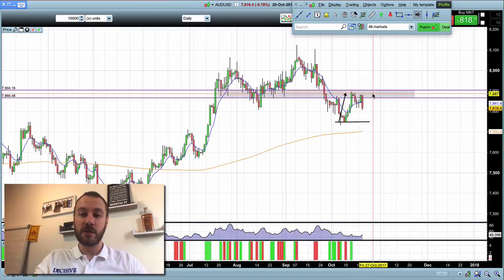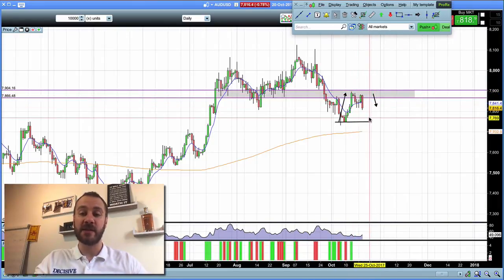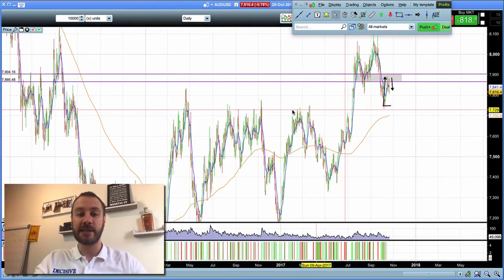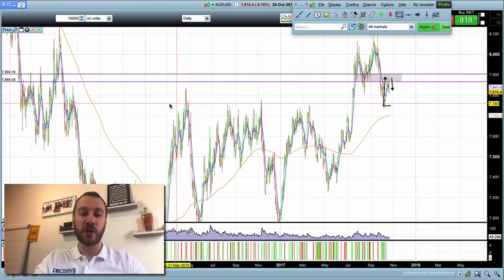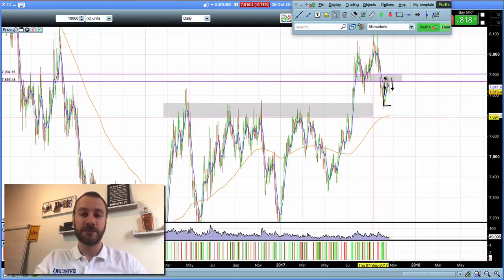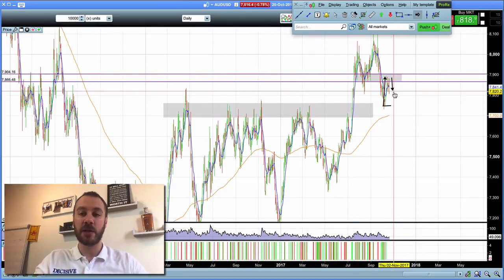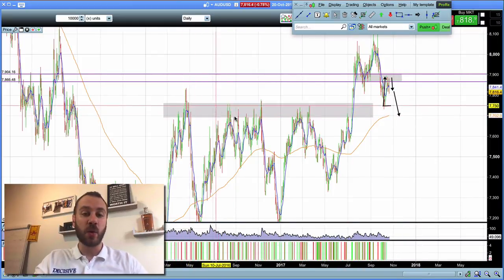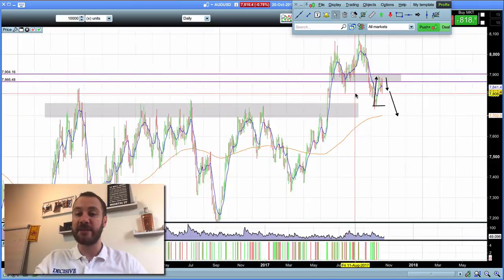There was the potential for bearish price action to come back into this market, and we've also been going over how although we have came down and tested at previous key levels of support right here, there is the potential for Australian dollar to continue its bearish movement and find support lower into these levels.